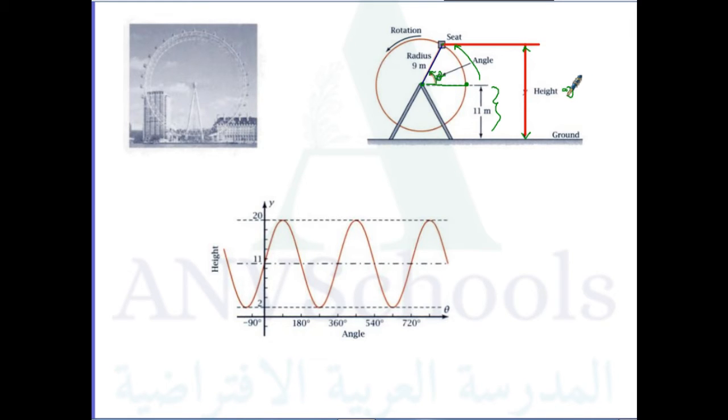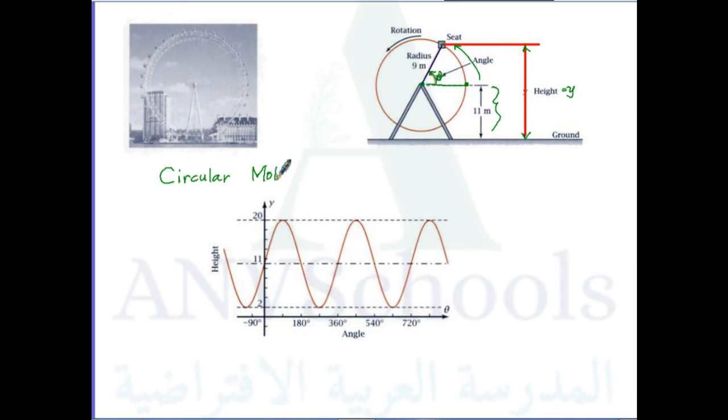The height is y. Okay, so in essence, if we are going to graph the circular motion, and circular motion is graphable, it could be graphed using a periodic function. Okay, a circular motion is graphable.